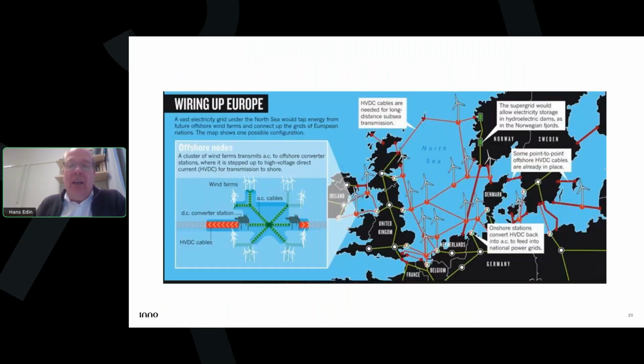For example, one important project in the area of Northern Europe is the North Sea projects of how to harvest all the offshore wind power we can from the North Sea and then get it into the different countries on the land, so to say. That is one area where we see a lot of high voltage DC technologies, but also AC technologies are there.